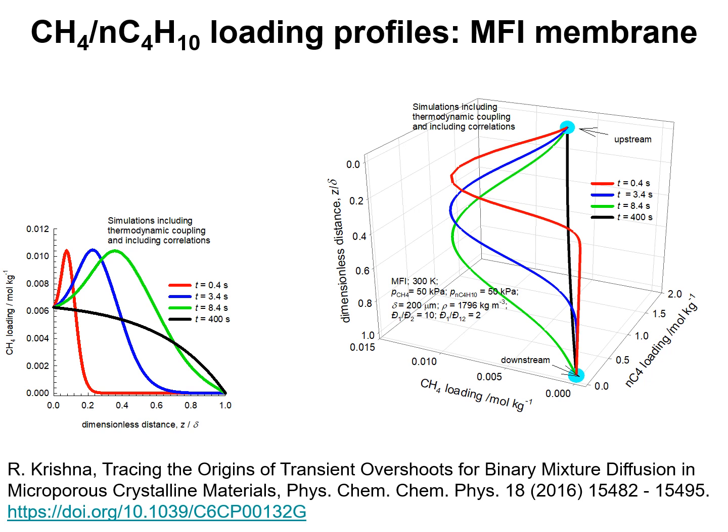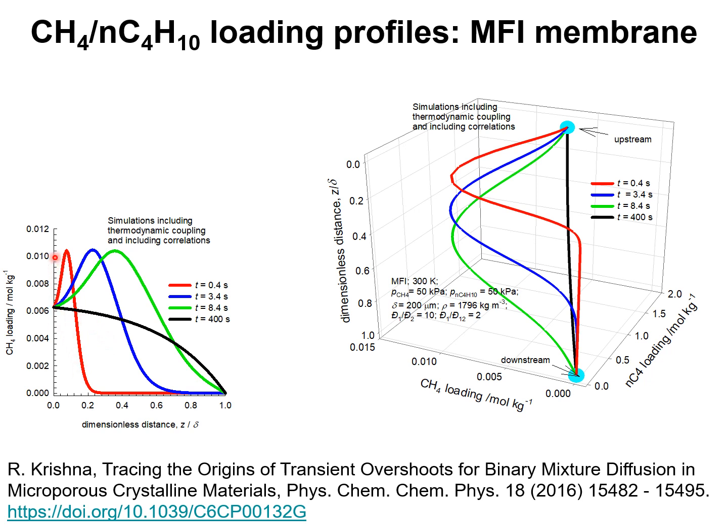We continue with our discussions on methane normal butane permeation across an MFI membrane, and the simulation results for the transient development of the membrane loading along the thickness of the membrane are shown here.